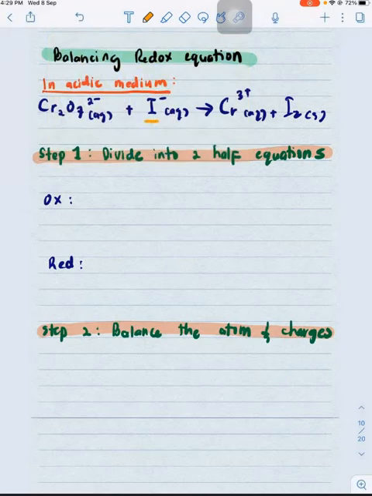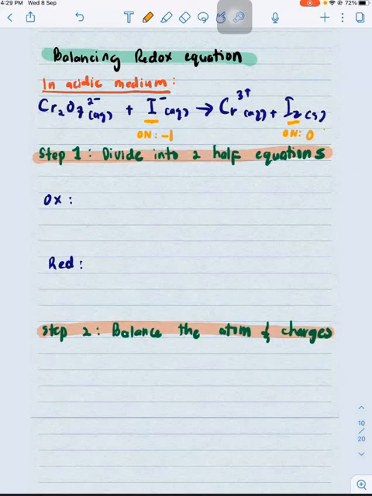So I minus, before, what is the oxidation number? -1. Okay, after? Zero. So I minus undergoes oxidation or reduction? Reduction.